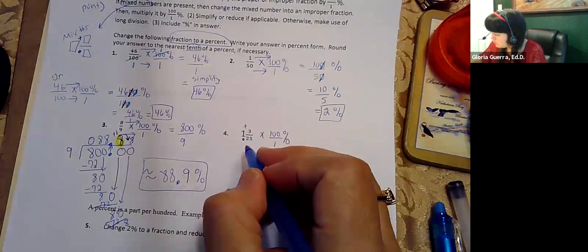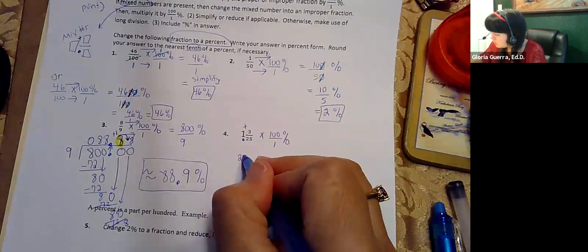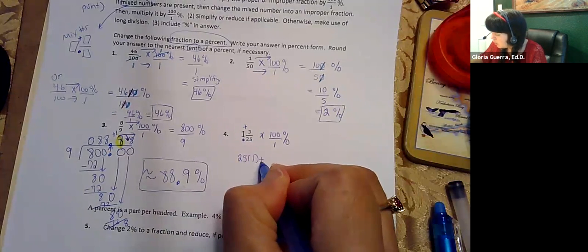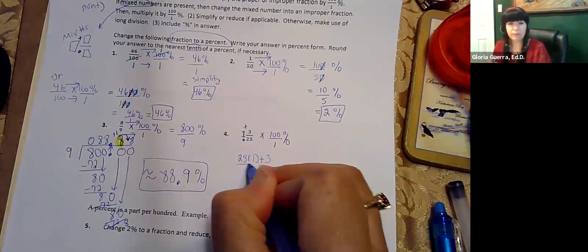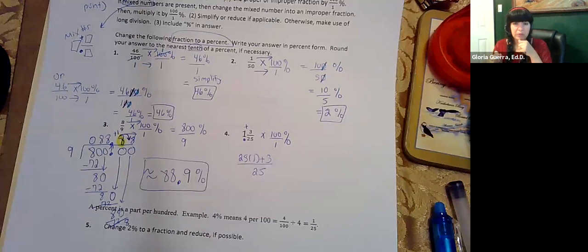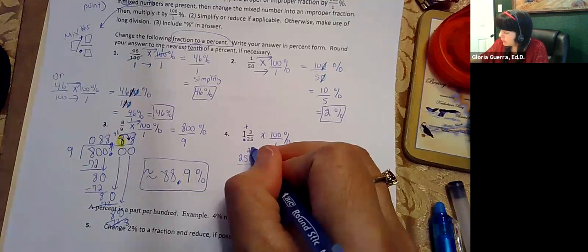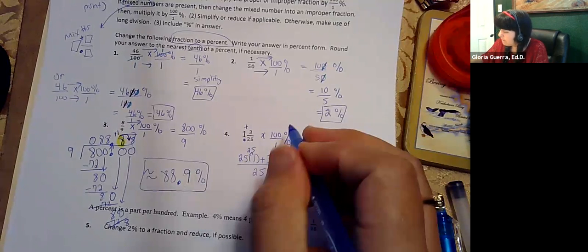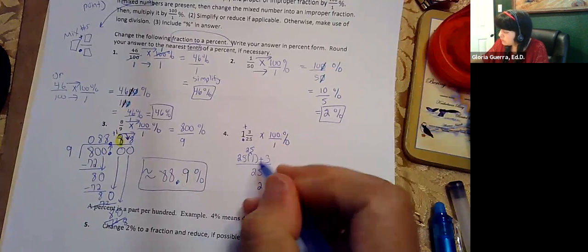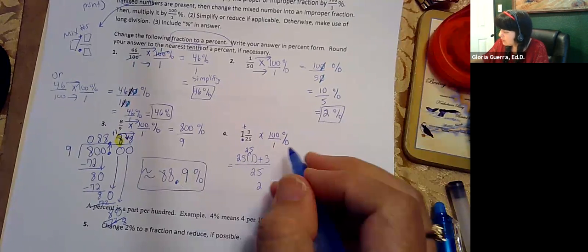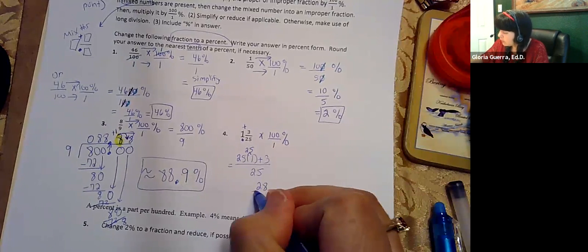So I do 25 times 1 plus 3 all over 25, right? 25 times 1 is 25, and 25 plus 3 is 28 over 25.